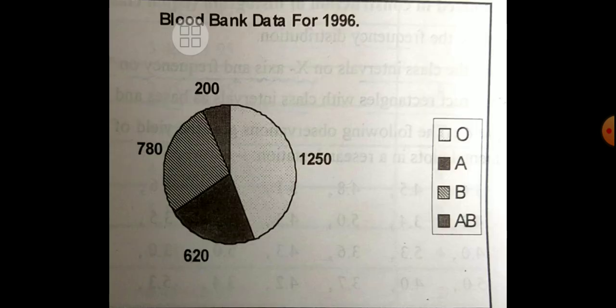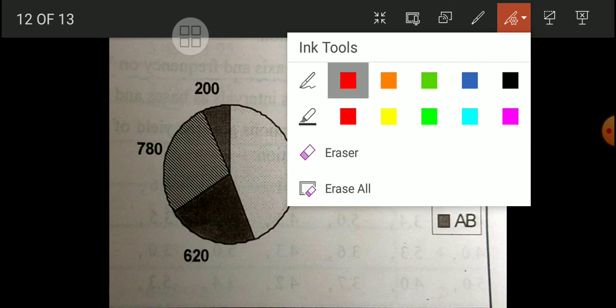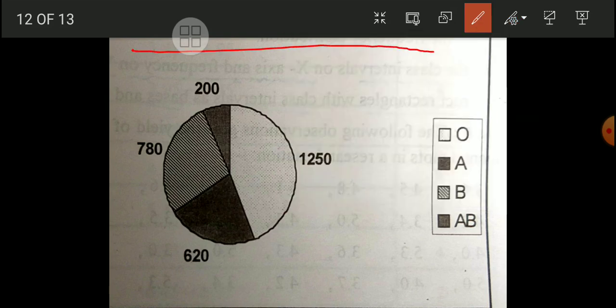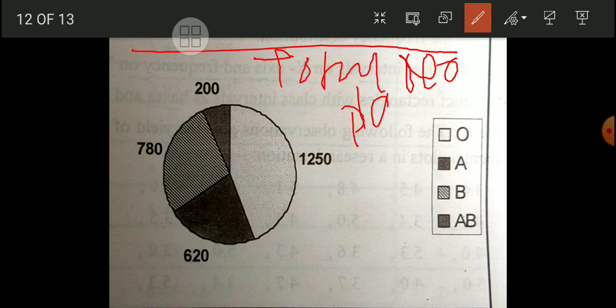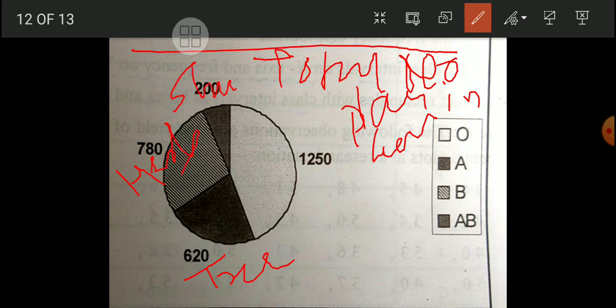Friends, keep in mind here the total number of plants in the garden. Which are those? For example, I will write here tree, herb, shrub and climber.